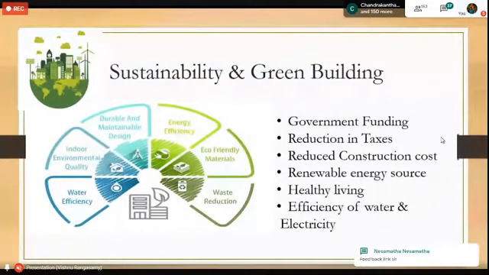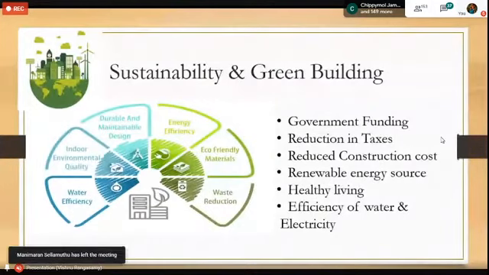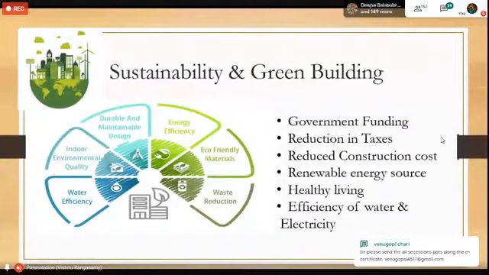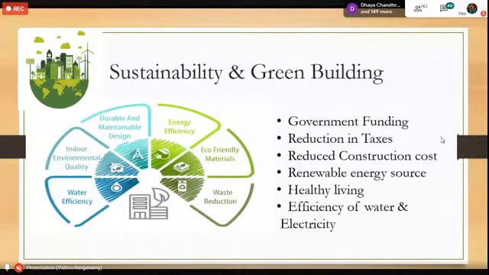It will generate a number of renewable energy sources like solar, and water. You have very fine ventilation in those green buildings, and they are sustainable. Then you can have healthy living. As mentioned earlier, there will always be efficiency in the water as well as electricity used inside those green buildings.